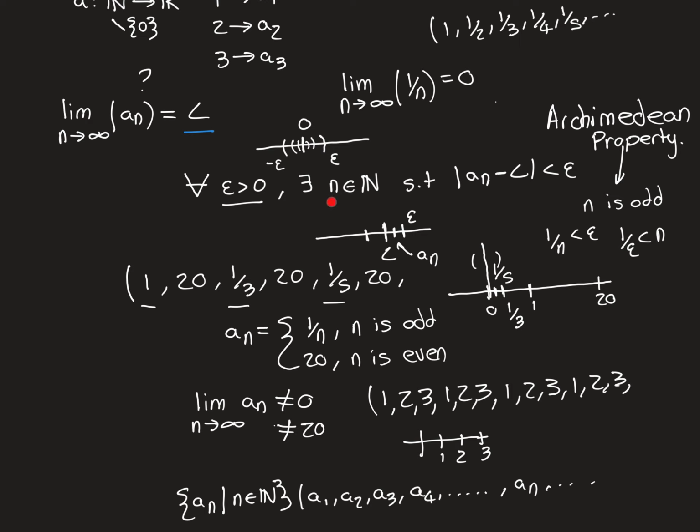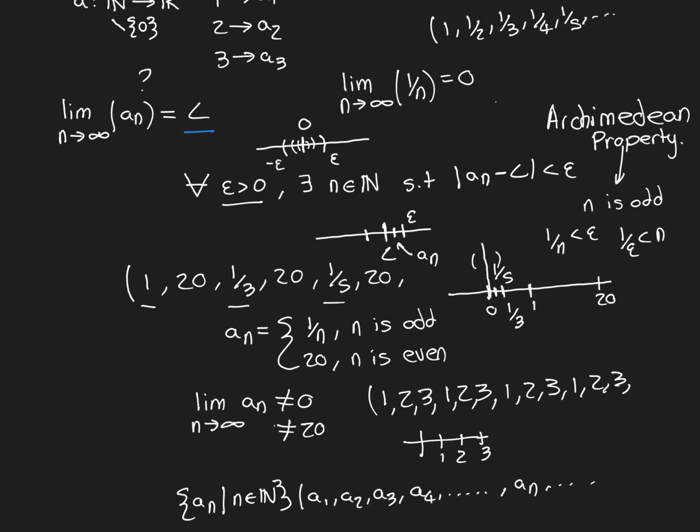So at the moment, all this definition says is that the terms of the sequence need to get indefinitely close to the limit. The problem is the terms of this sequence do get indefinitely close to 0, but the problem is that at the same time, we're continuously flitting back to 20. So we've got these terms of the sequence that are getting indefinitely close to 0, but in between each one, we're flitting back to 20.